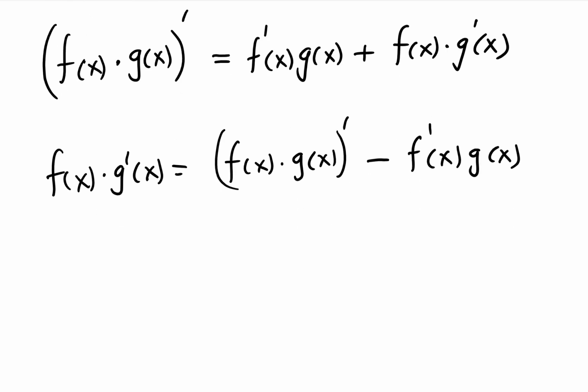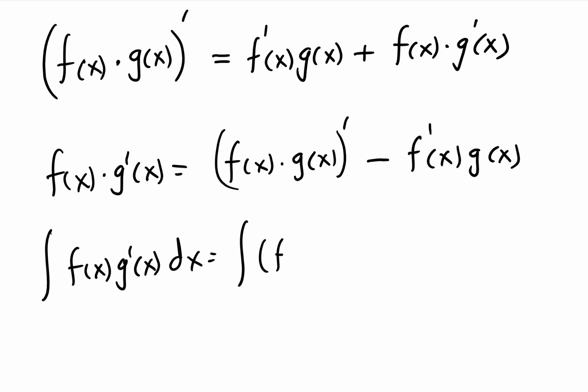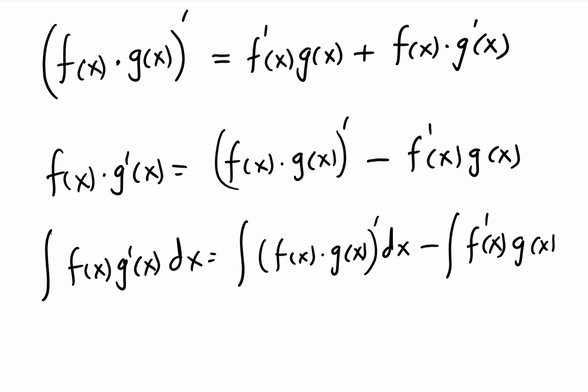Then we're going to integrate all of this. So the integral of f of x g prime of x dx is the integral of the derivative of f of x times g of x dx minus the integral of f prime of x g of x dx.